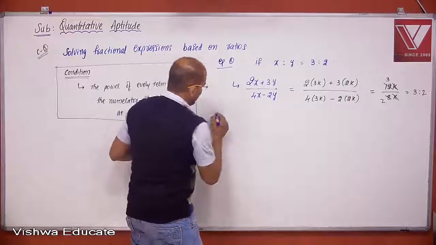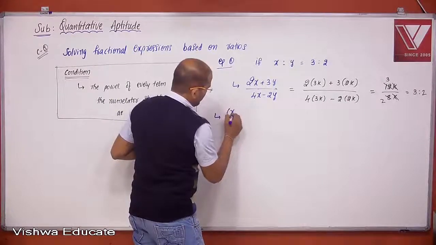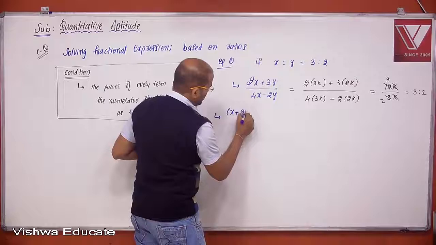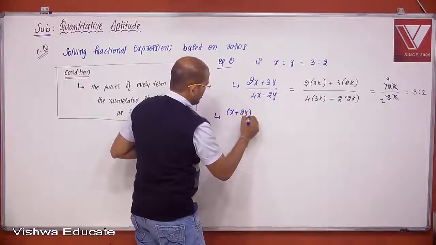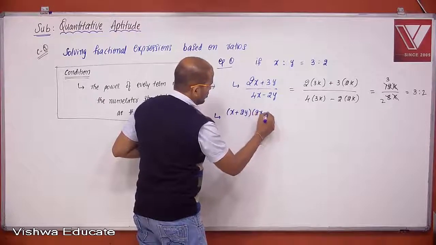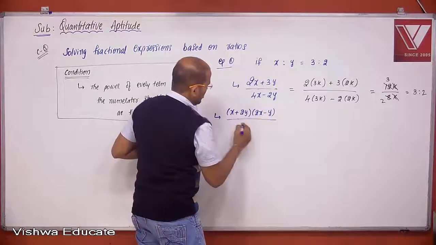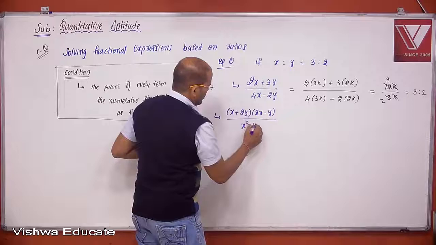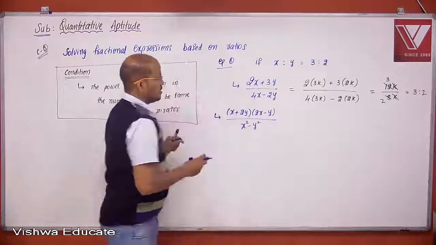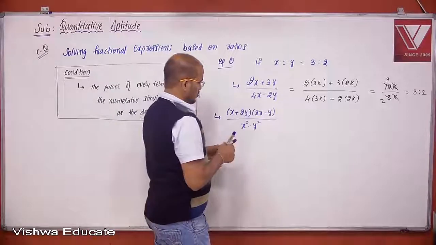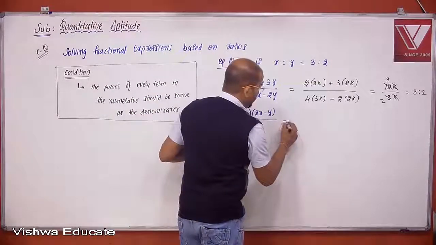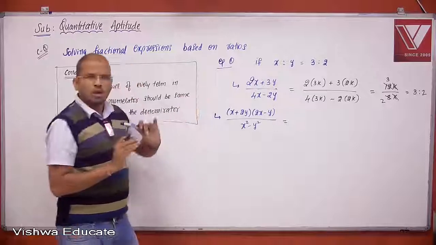Suppose you have a question like this: x plus 2y into 2x minus y by x square minus y square. I'm not applying my logic here. I'm doing it the normal way of solving it.